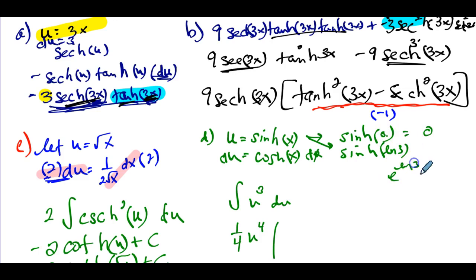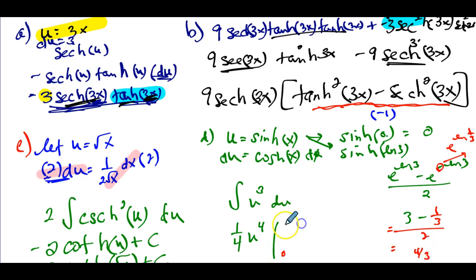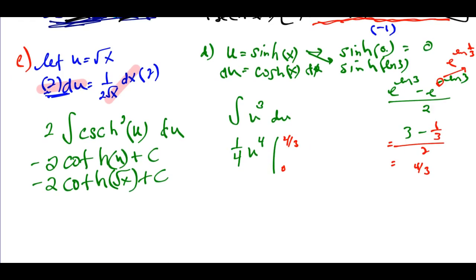But e to the ln of 3 minus e to the negative ln of 3 all over 2: this negative comes up here and makes it e to the ln of 1/3, because 3 to the negative first is 1/3, which is 3 minus 1/3 divided by 2, and that turns out to be 4/3. So you're going to evaluate this between 0 and 4/3 and do the fundamental theorem of calculus.